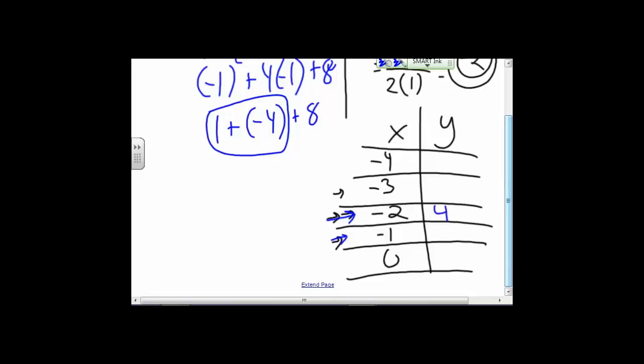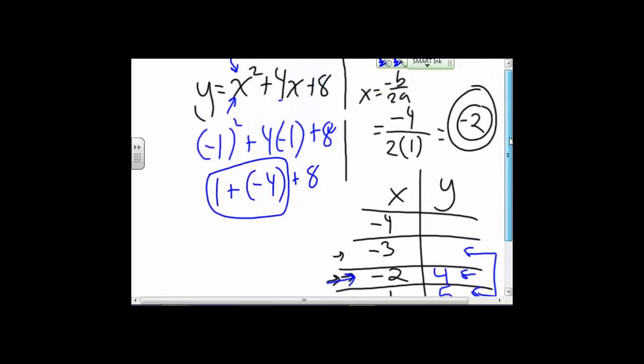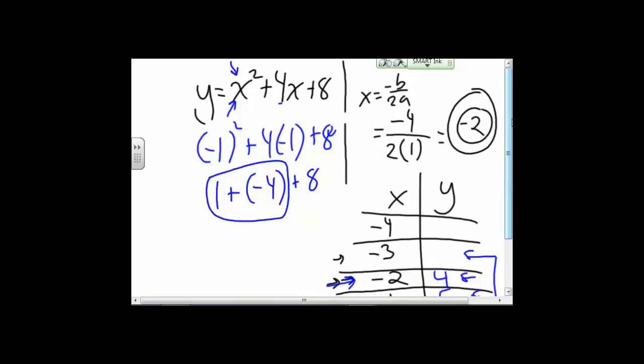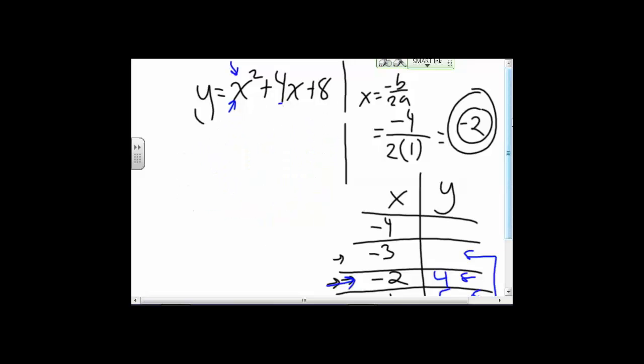If I've done this right, and this is the axis of symmetry, then these two should match each other. They should be the same if I've done it right, but I'm going to check it anyway, especially since I'm doing this for a video. So I'm going to plug in negative 3: negative 3 squared plus 4 times negative 3 plus 8.